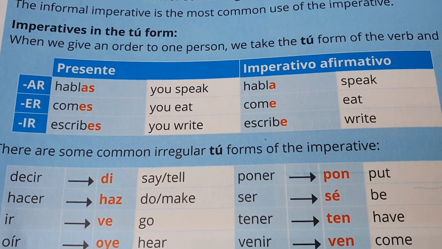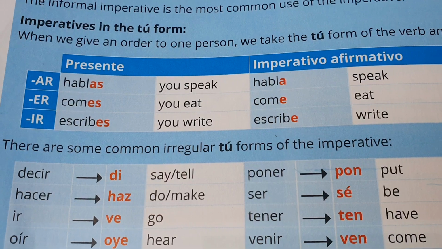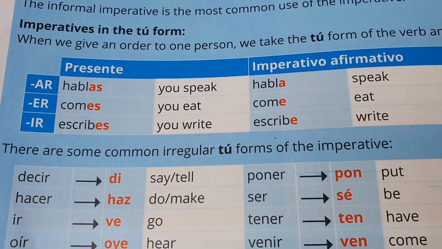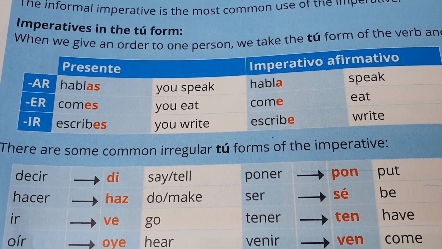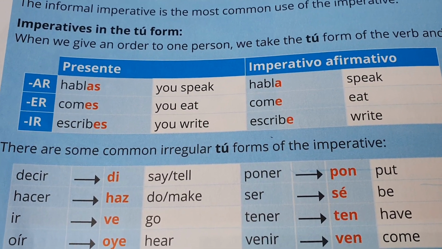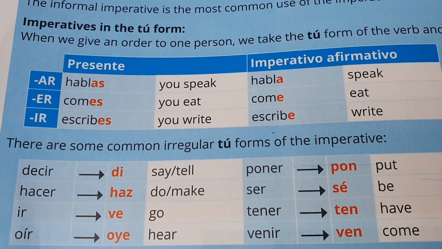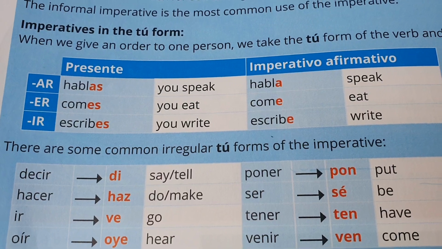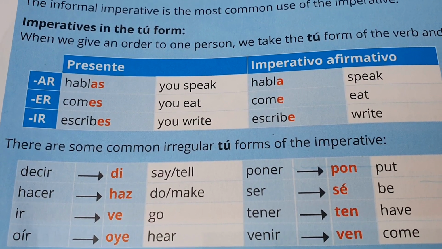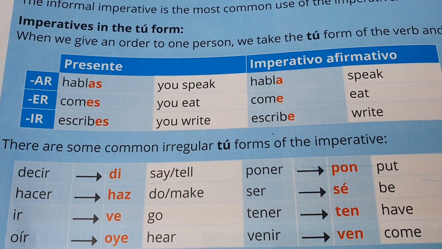If it's an -ir verb, you go to the he, she, it person, which is escribe. Right. So if I said to one of you, write a letter, I would say, escribe una carta. So tú, for talking to one person to do an order, it's the one that we normally use for he, she, or it. So it's going to end in an A or an E.